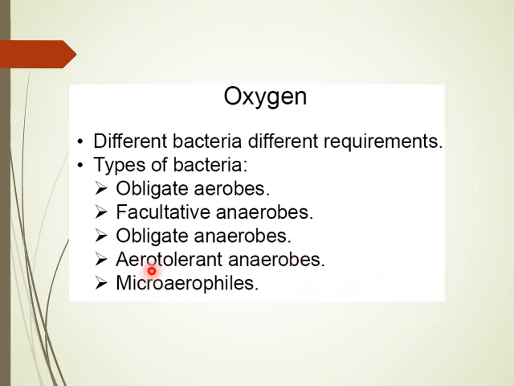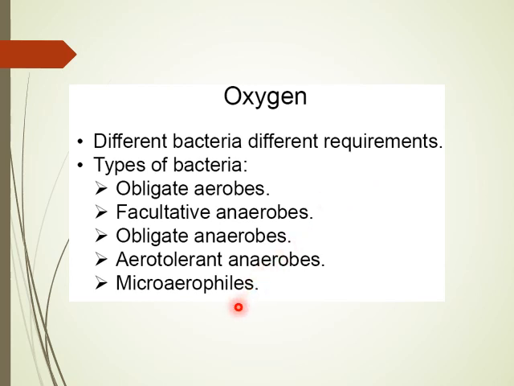The next one is aerotolerant anaerobes. These are also quite similar to facultative anaerobes. They can tolerate oxygen, but you will see it depending. If you remember, in the practical class, you can see the difference between the facultative anaerobes and the aerotolerant anaerobes in the distribution of the microbes in the test tube, right?